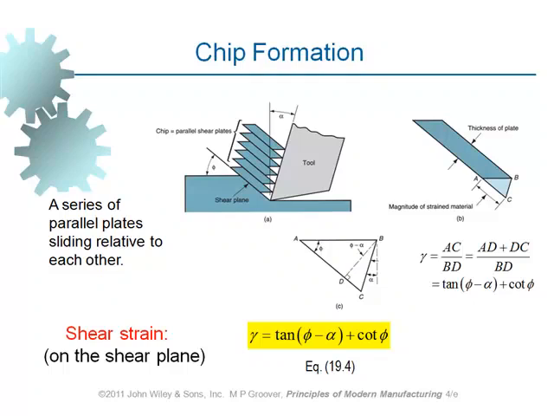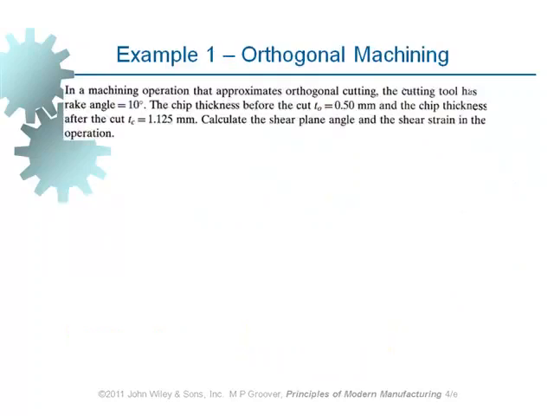It is a representation of the shear strain, and it is a function of phi and alpha. So these two angles are very important, and they decide the magnitude of the shear strain being applied. Is it clear? Okay.